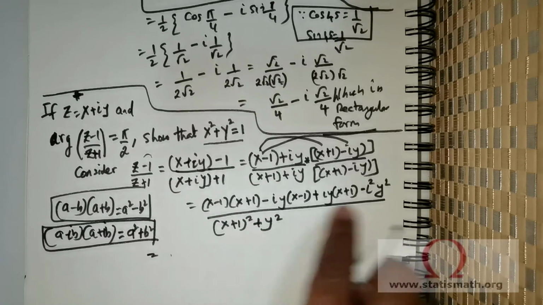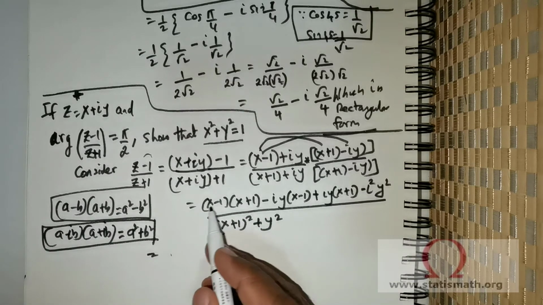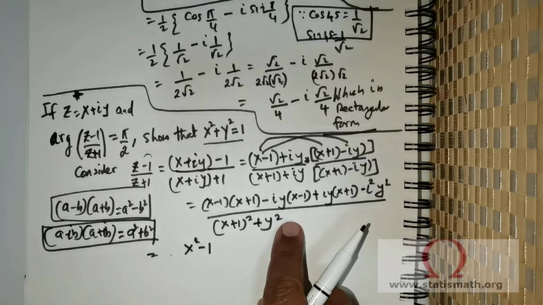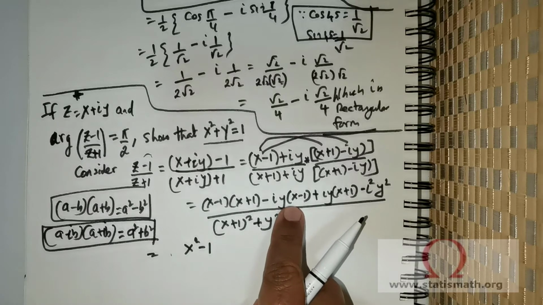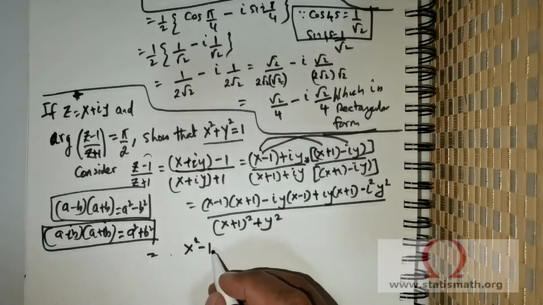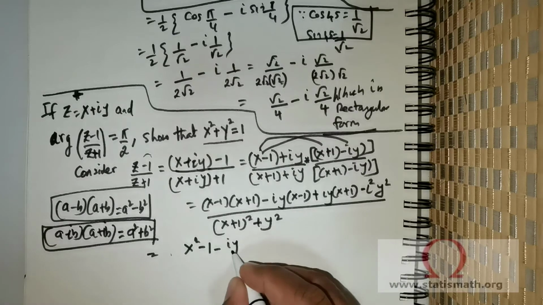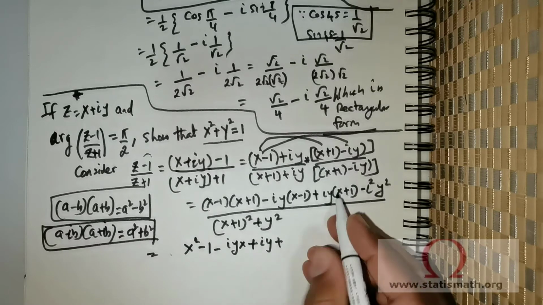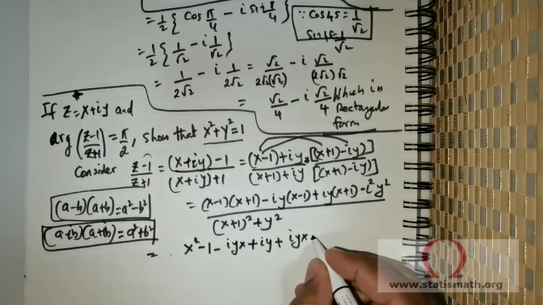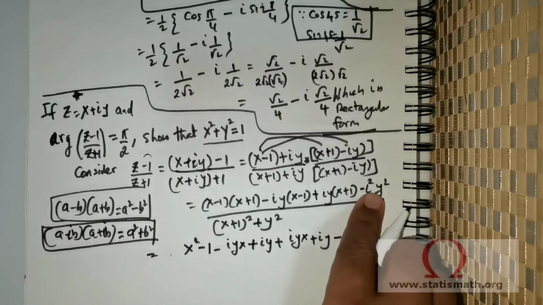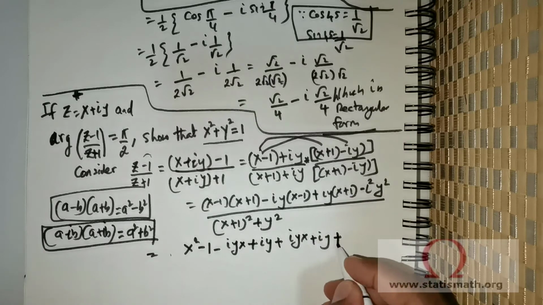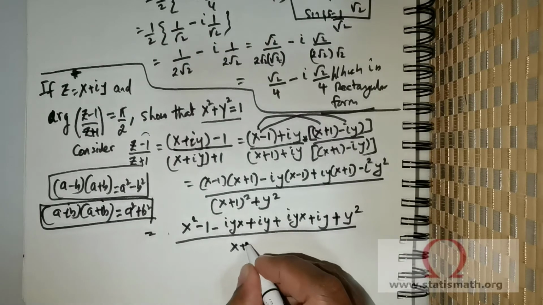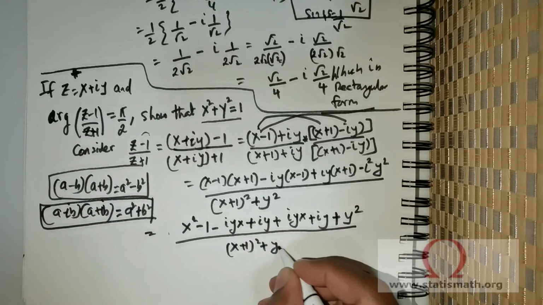Now let us simplify the numerator. The first term is going to give us x² − 1. Now we have iy multiplied with x, so that's going to be −iyx, and negative times negative is positive, so +iyx, +iy. Then i² is −1, and you have a negative outside, so that's going to be positive, giving y².